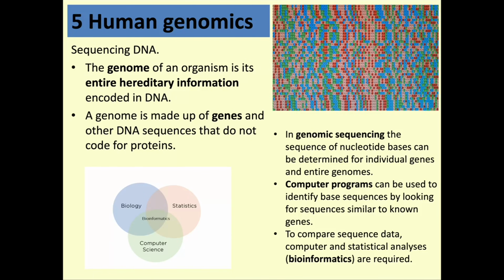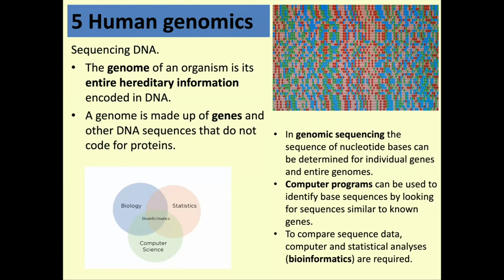Now, the use of computers doesn't just stop there. When we are comparing sequence data from, say, a human and a sample found at a crime scene, or looking at how related two people are to one another, we use both computer and statistical analyses, which collectively are known as bioinformatics. There's a little image here that shows the crossover between biology, statistics, and computers, which merge together to form the field of bioinformatics.